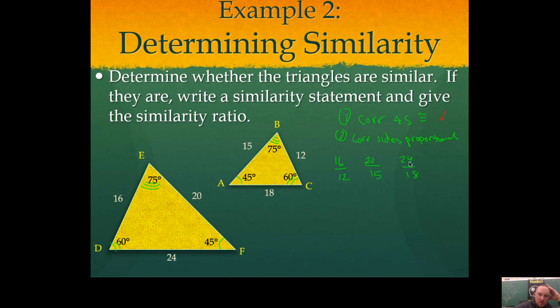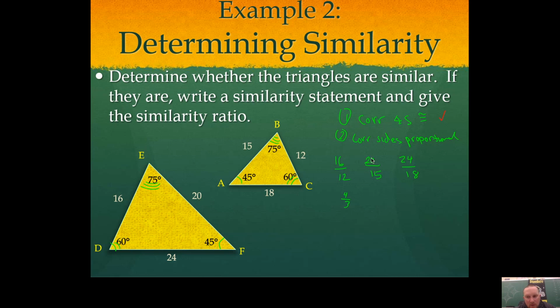Now, these ratios sure look different. They all use different numbers, but that doesn't mean that they don't reduce to the same thing. So you can type this into your calculator just like we did in the last section. Hit math, enter, enter to see if these ratios all equal the same thing. I can't project my calculator for you right now, so I'm just going to reduce these in my head. I know that 4 goes into both of these. 4 goes into here 4 times, and 4 goes into here 3 times. So this guy's 4/3.